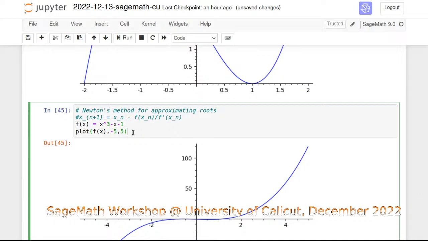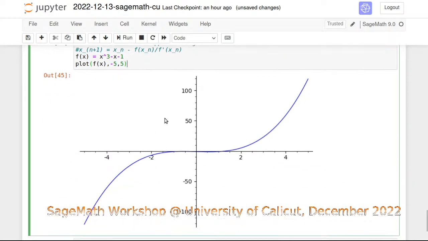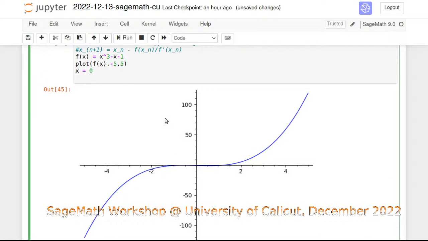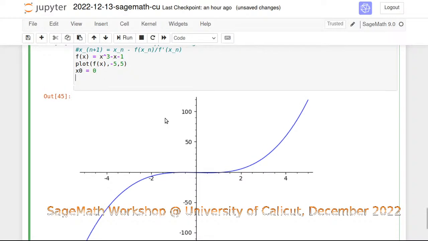So maybe we can choose x naught to be 0 as the initial approximation. Then x1 is nothing but x naught minus f of x naught by f dash x naught.